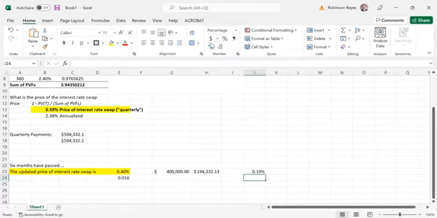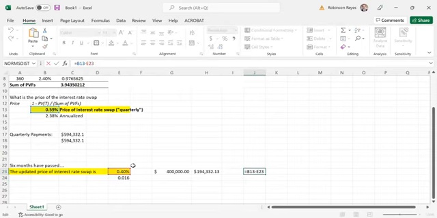So let's keep this representation here, which is just subtracting the 0.59 minus 0.4.